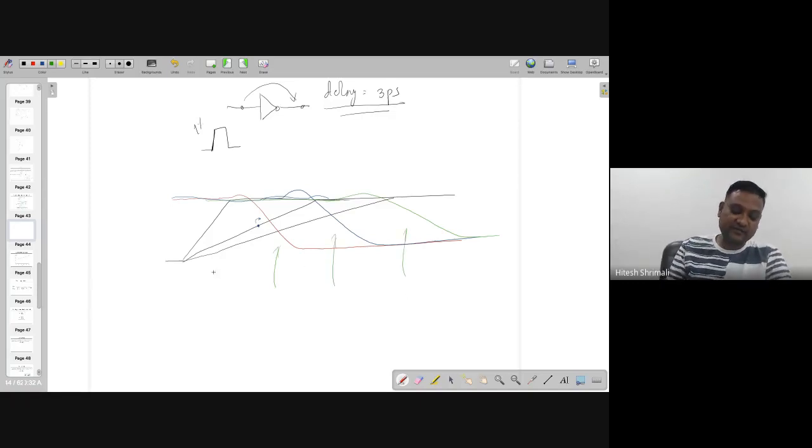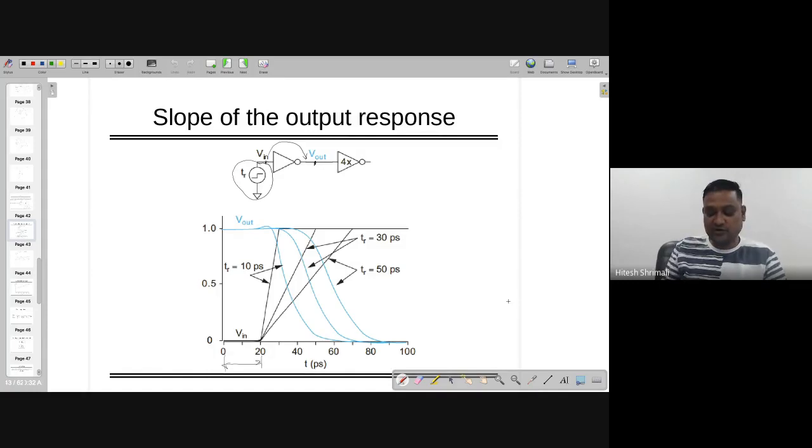Because of this slope, you might have worse propagation delay, as we can see here. If there is a sharp transition, meaning better slope, then the propagation delay or the rise time is only 10 picoseconds. As you are increasing, this goes to 30 pico, or you can reach 50 picoseconds.